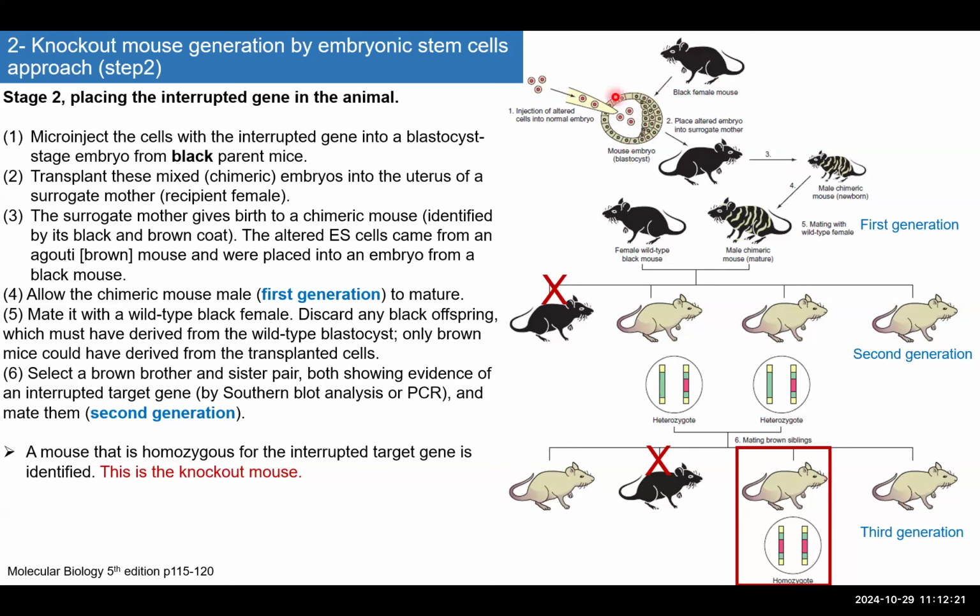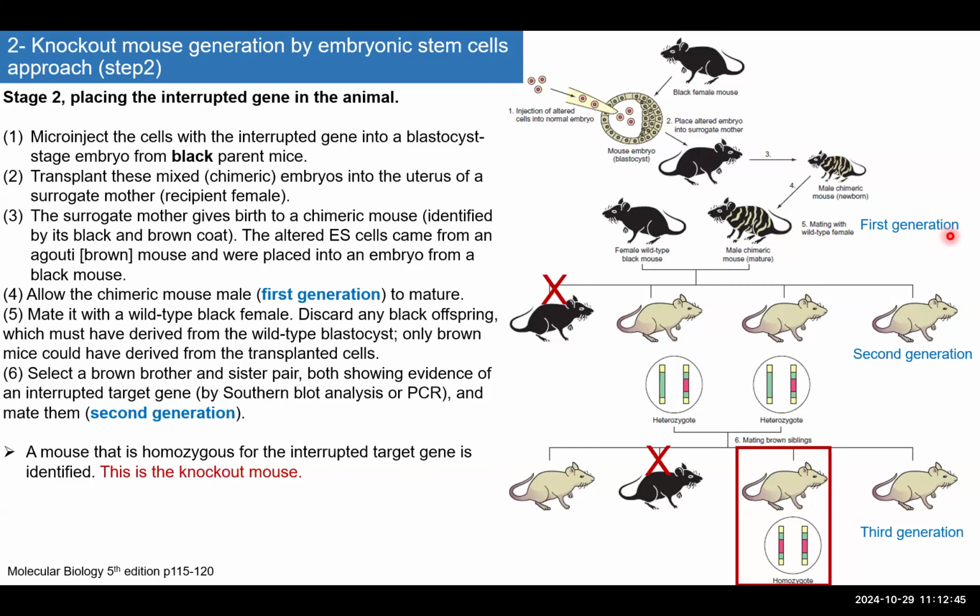And then we take that embryo and we implant it into a pseudopregnant female. And that female will generate chimera, where some of the genes come from the brown mouse and some of them come from the black, and that's why you have this striped animal.